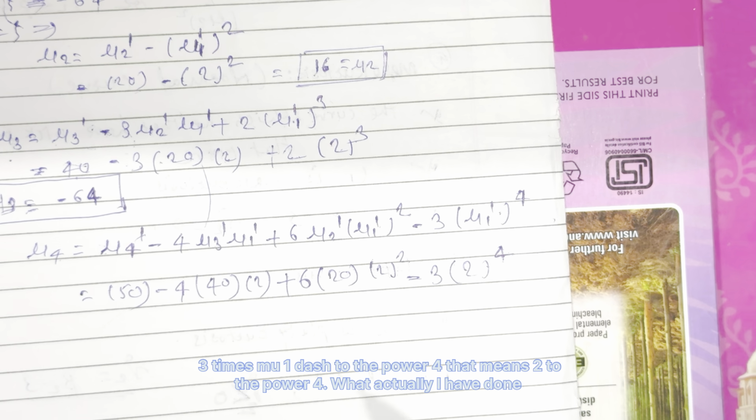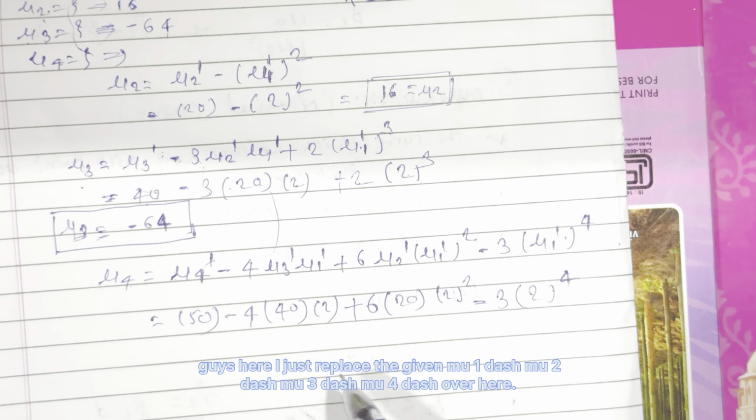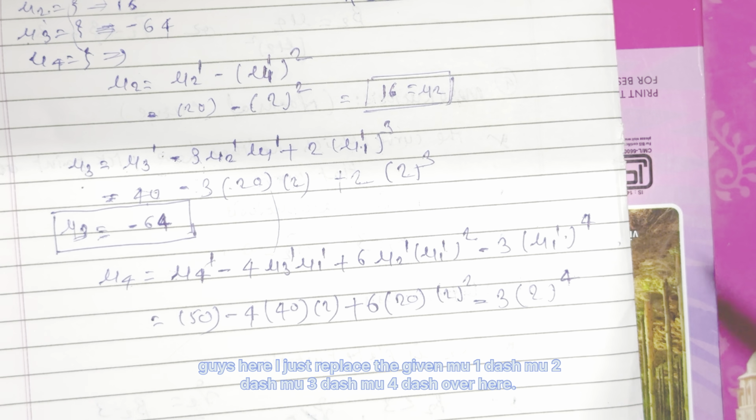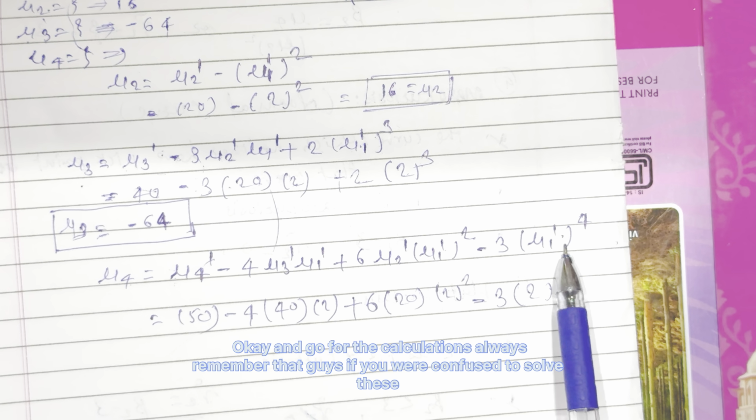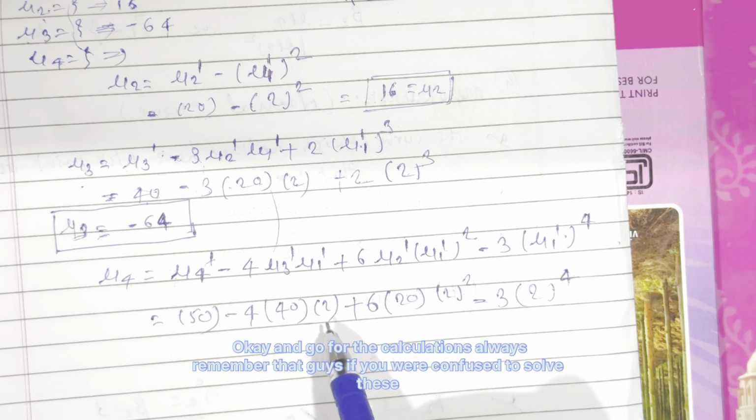What I have done here, guys, is just replace the given mu1 dash, mu2 dash, mu3 dash and mu4 dash over here, and go for the calculations.